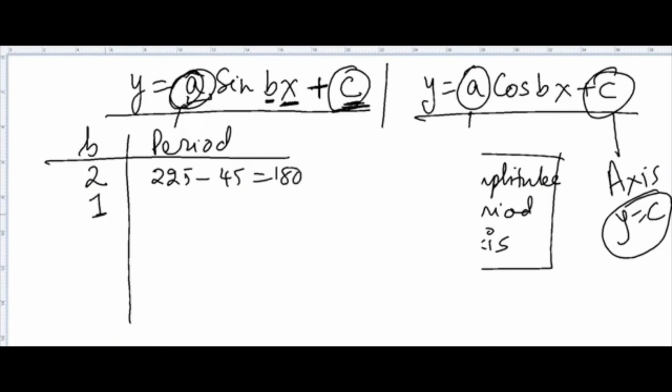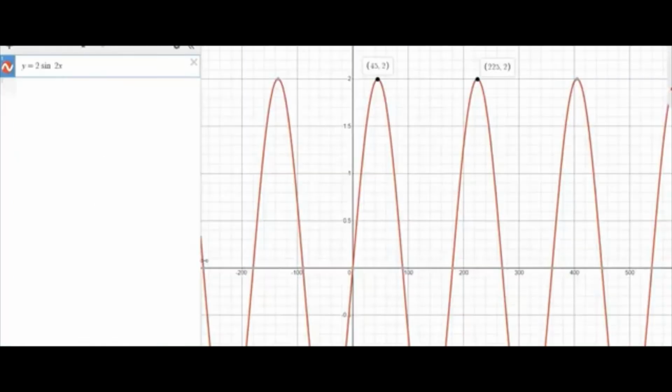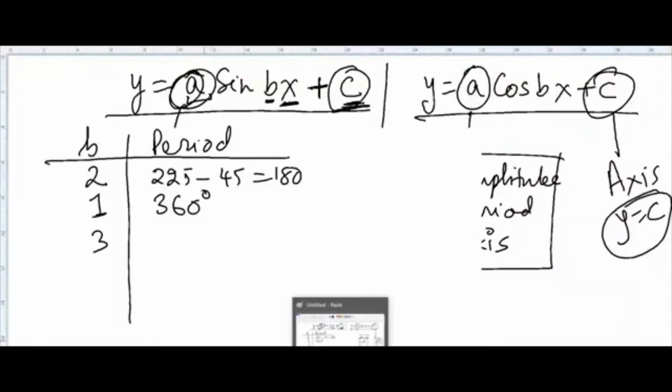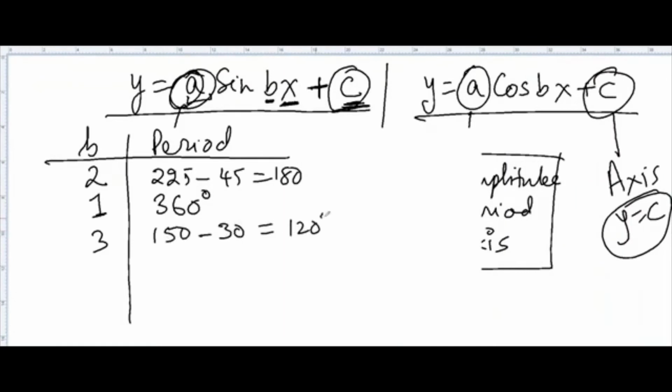When nothing was there, it means 1. When B was 1, we know its period was 360 degrees, correct? Let's write 3 here. What is the period now? This is 30. This is 150. So x value 150 minus 30, which is 120 degrees.